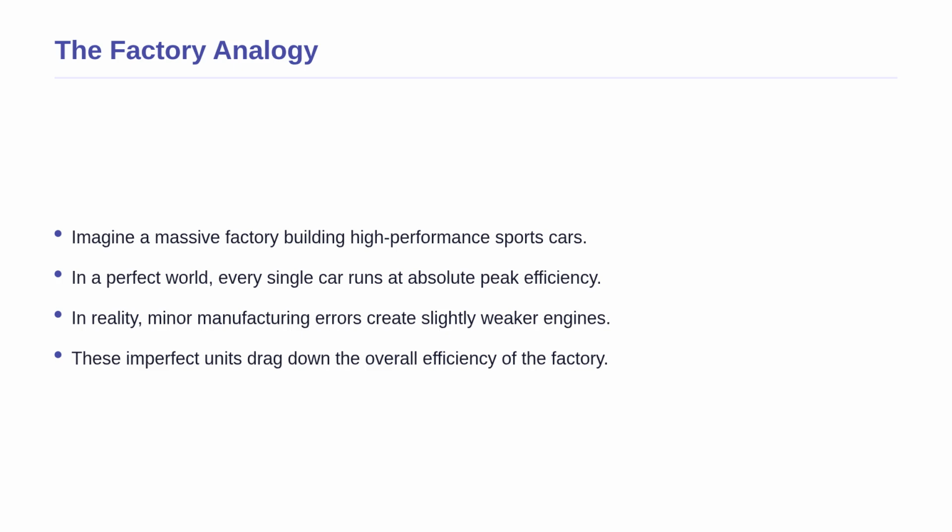Some cars might end up with slightly weaker engines or heavier frames. The factory still produces cars and makes a profit, but its overall efficiency is dragged down by these imperfect units. In evolutionary biology, a population of living organisms is just like this factory. The perfect car represents the best possible genetic makeup, and the drag caused by the imperfect cars is what we call genetic load.